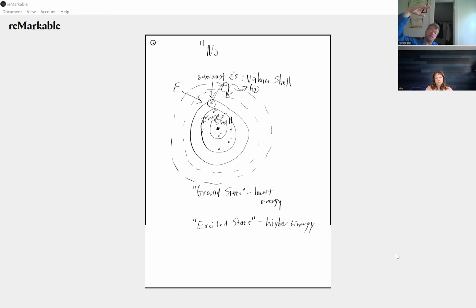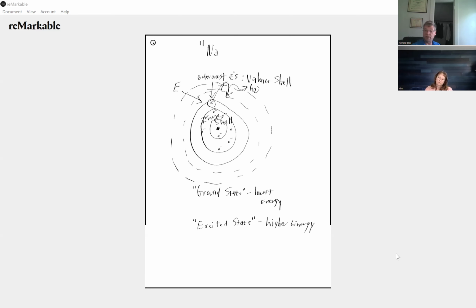Notice it doesn't have to go all the way down to the ground state again. It can go from a higher excited state to a lower energy level excited state. When it drops from that shell to a lower energy shell, that energy has to be conserved. That energy has to go somewhere. And where it goes is it's given off as light.